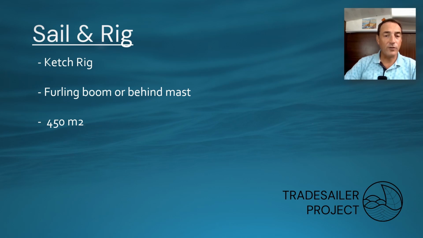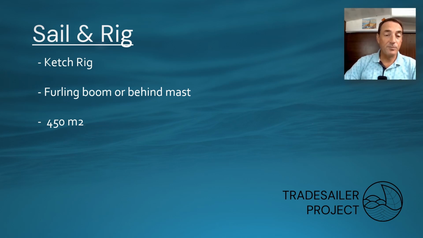And we have lower masts, which might make it cheaper and gives less air draft to go under bridges. The sails, for me now, seem they will be either furling into the booms or behind the mast. Either one of the two, but we'll see that later in the project.